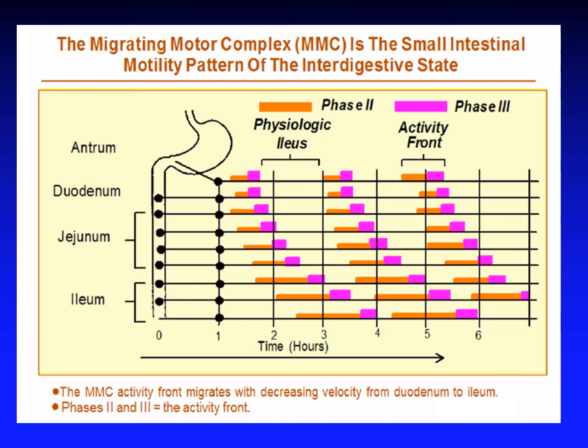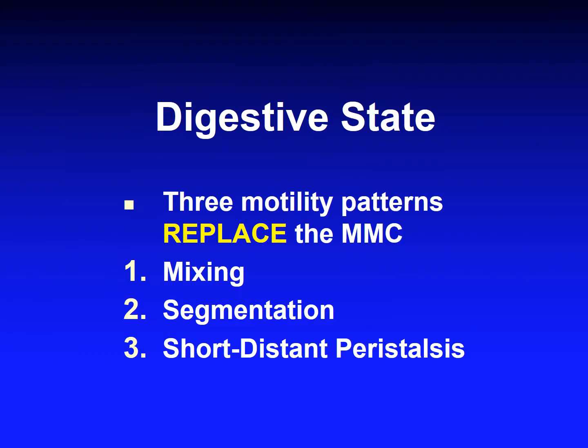So what happens in the digestive state, when we are actively involved in eating, as we speak? What happens when we are actively involved in consuming a meal is that three motility patterns will replace the MMC, which is the major motility pattern in the interdigestive state.